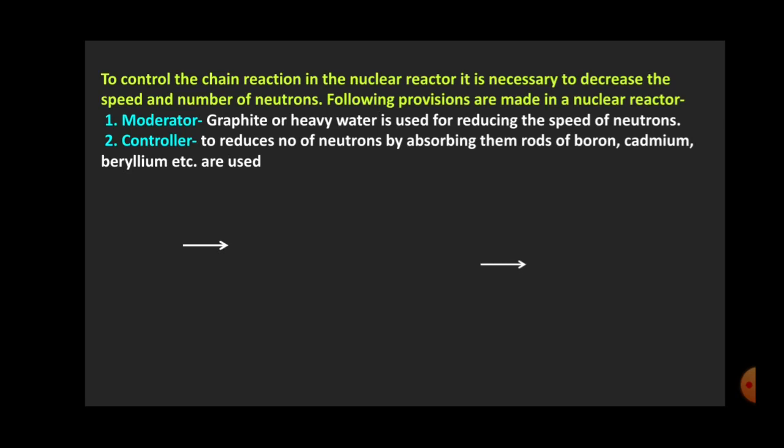Moderator is graphite or heavy water which is used to reduce the speed of the neutrons, right? So this is how the speed is moderated. Second one is the controller. Controller means to reduce the number of neutrons. Now how is the number of neutrons reduced? They are reduced by absorbing them by the rods of boron, cadmium, beryllium.